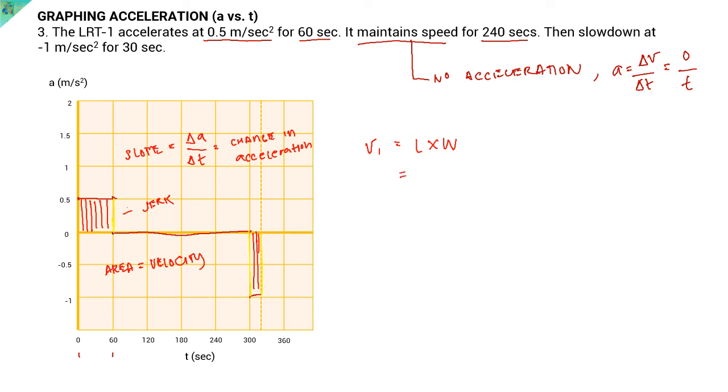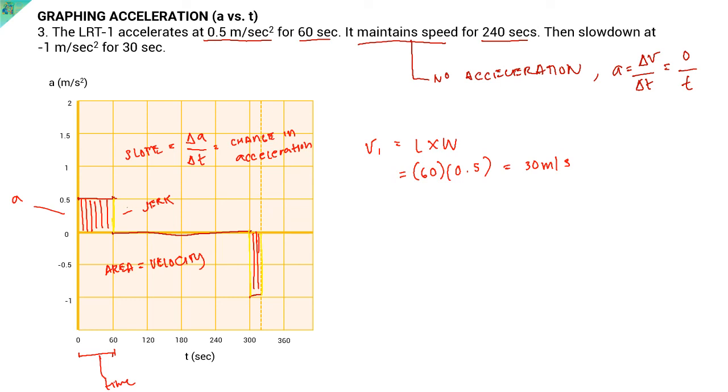So the length here is about 0.60, that's 60 seconds. And then the width would be 0.5. So that's the time it took. So the length would be the time, and then the width would be its acceleration. So 60 multiplied by that, I'm going to have 30 meters per second. And as you can see, that's the same answer as the previous one.